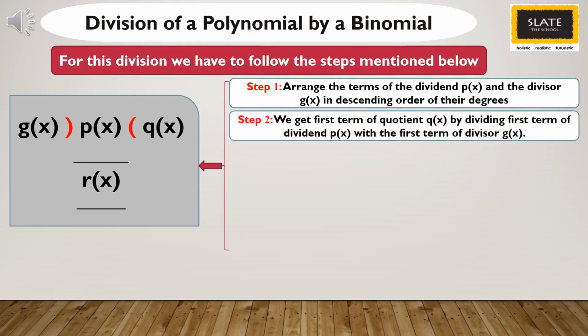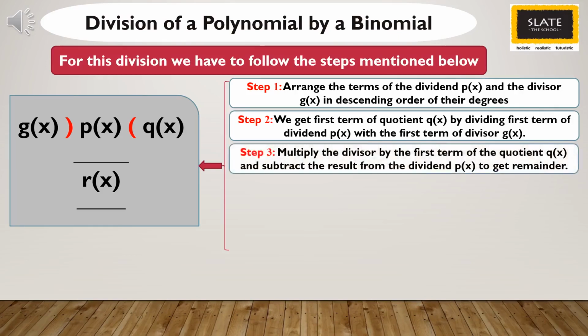We get first term of quotient q of x by dividing first term of dividend p of x with the first term of divisor g of x. Step 3. Multiply the divisor g of x by the first term of the quotient q of x and subtract the result from the dividend p of x to get remainder.